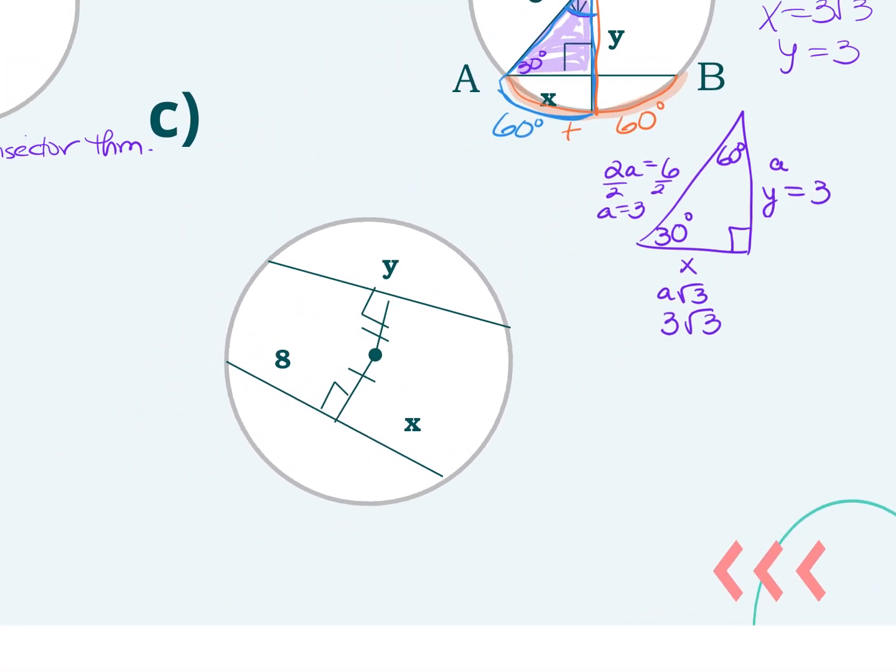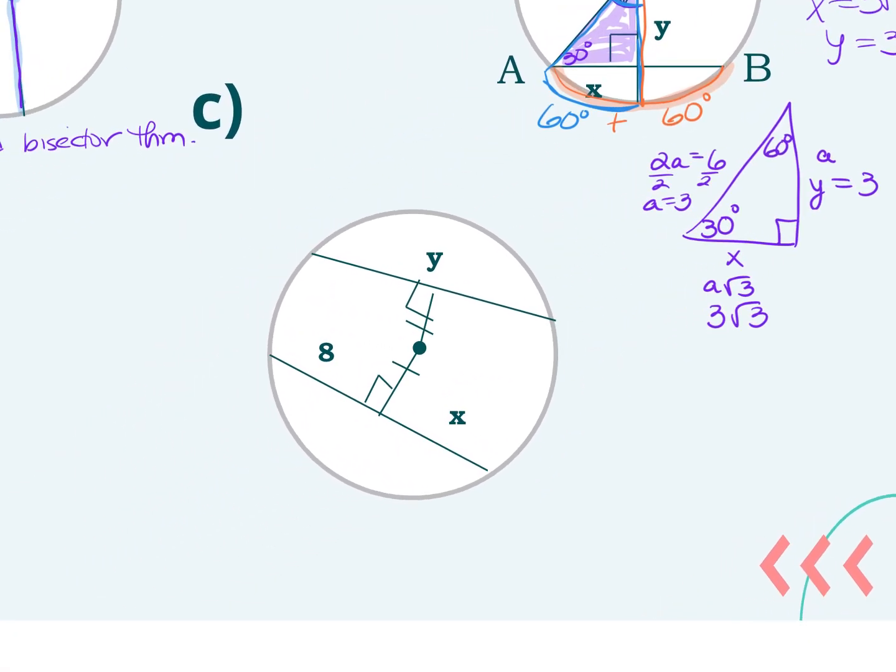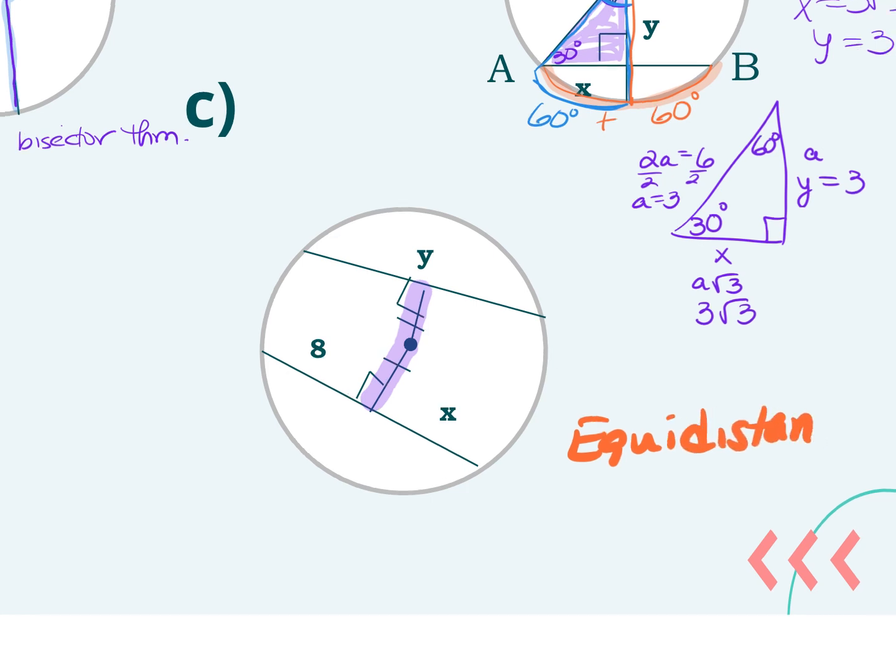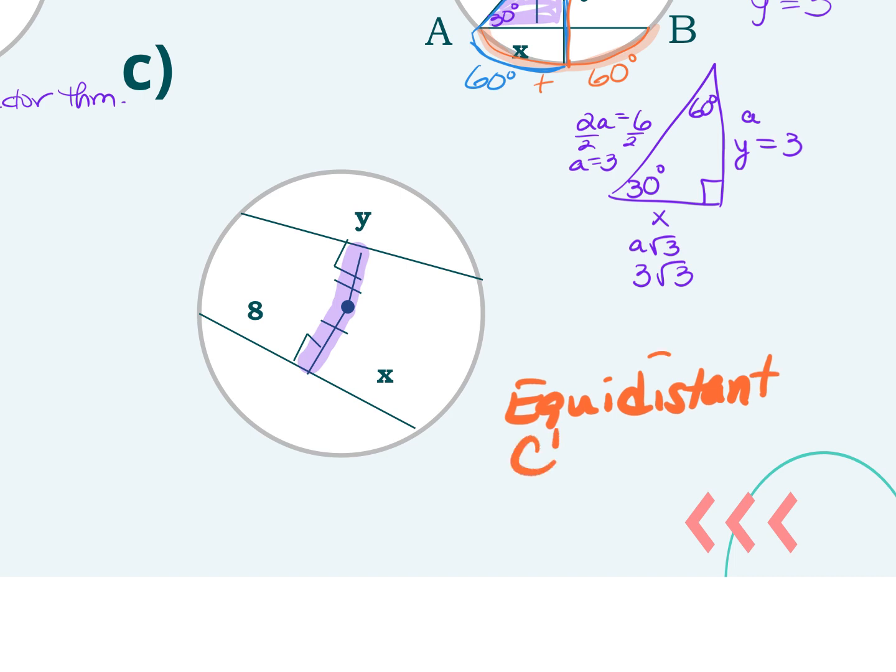So for C, notice I've got two segments that are equidistant from the center to each of these chords. So if I use my equidistant chord theorem, I know that because the chords are equidistant from the center, they're going to be congruent.